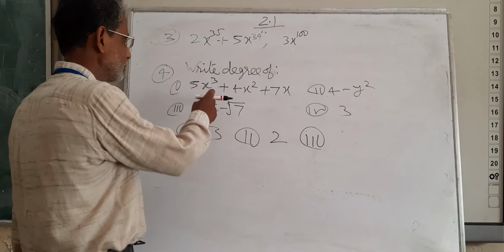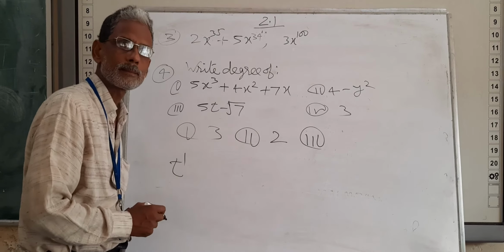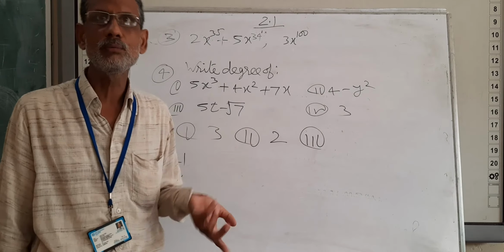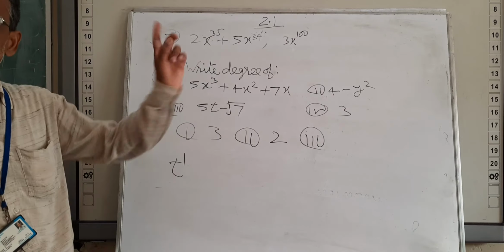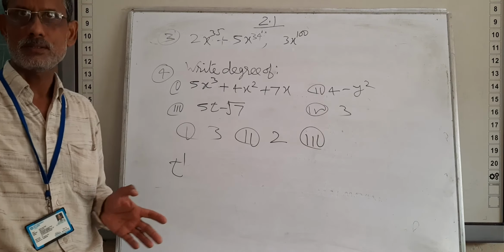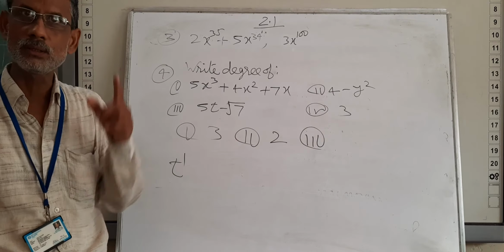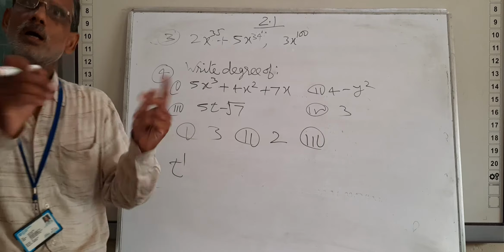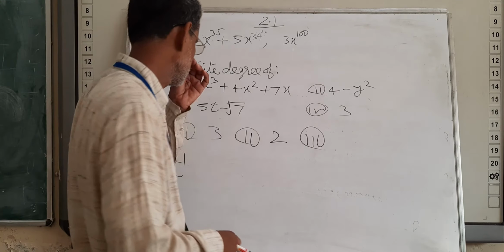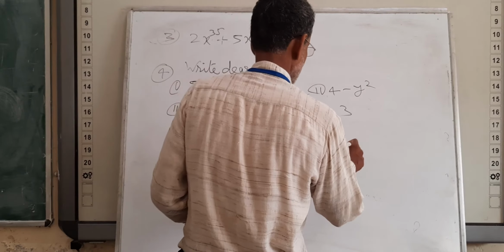If there is no power on the variable, it can be treated as 1. 1 is always multiplied in any quantity. 1 is always divided in any quantity. 1 is the power of all quantities. Clear? 0 is added in all quantities. 0 is subtracted from all quantities. This is understood. Clear? Sit down. The degree of the third polynomial is 1.